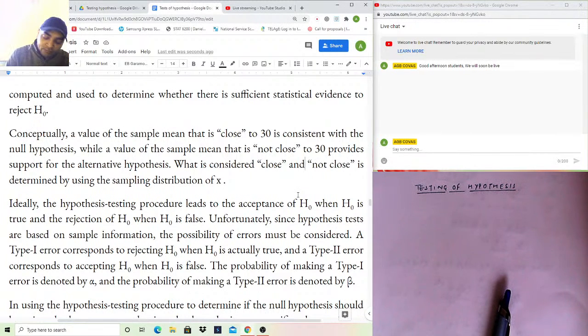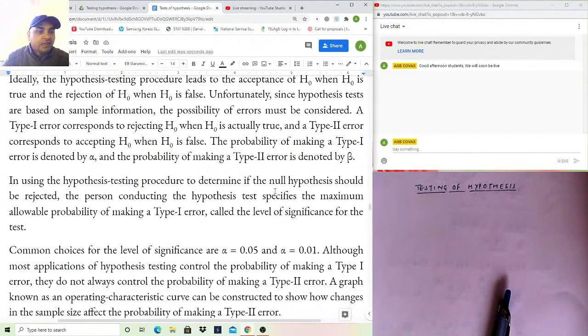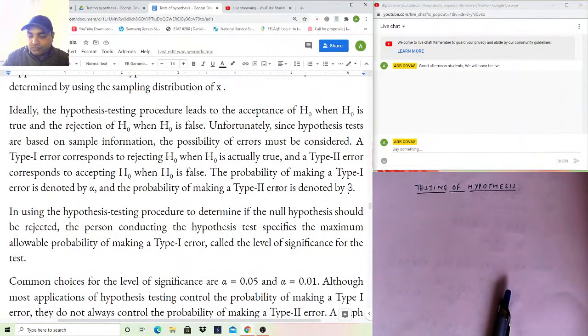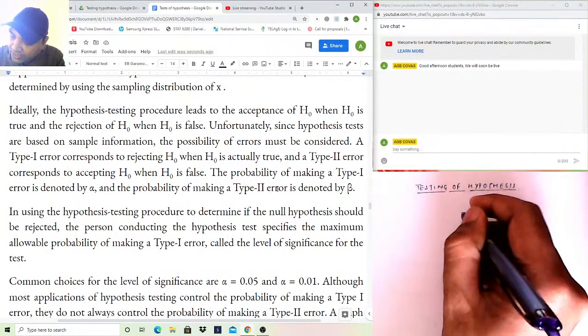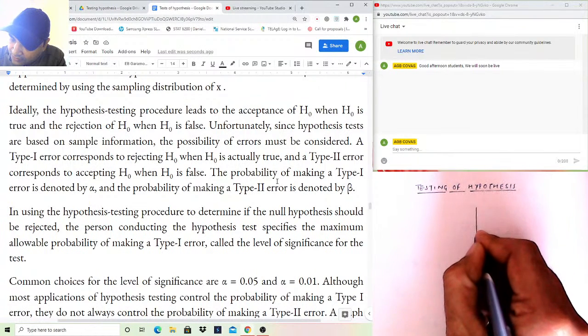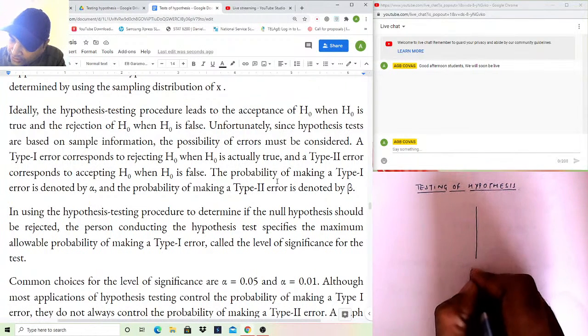That is, how many standard deviations from 30 we consider close or far, which we have to test. So ideally, for example, the mean is equal to 30.